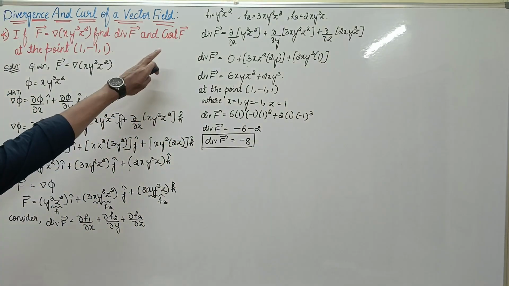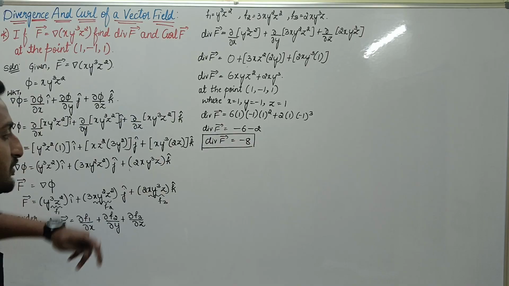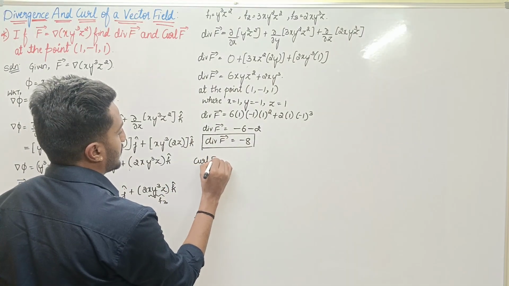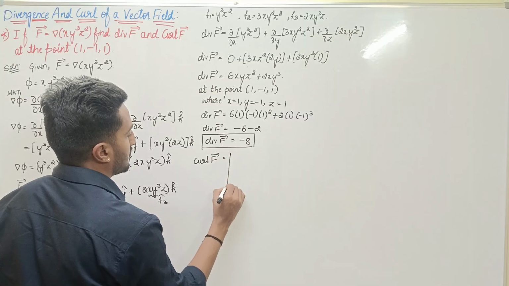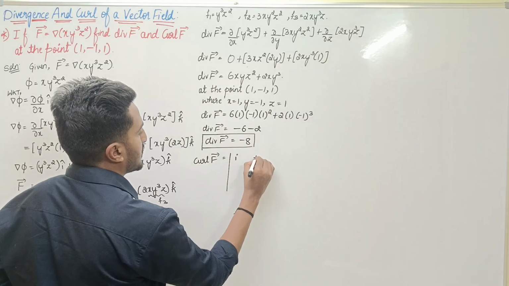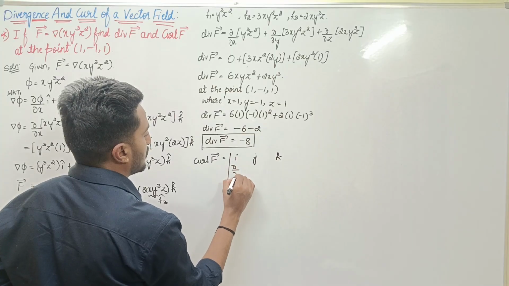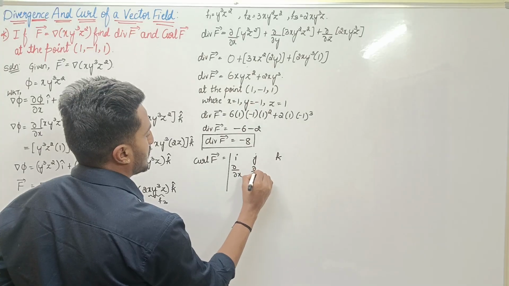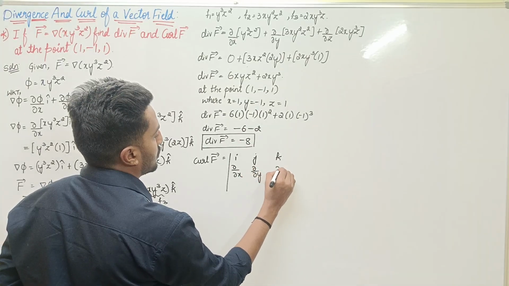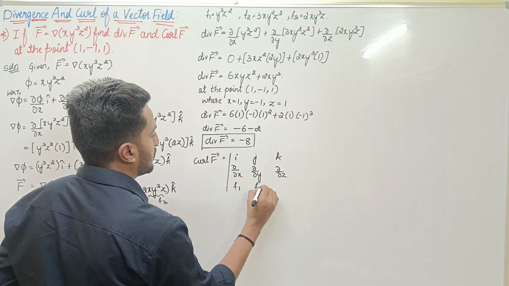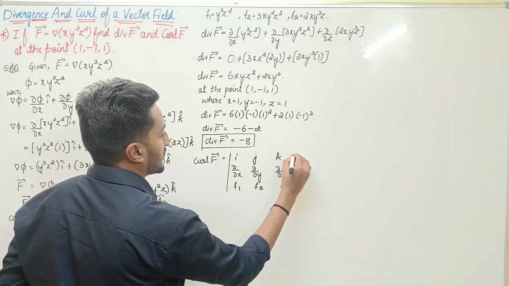Now we are going to find the value of curl of vector f. What is curl f? Curl of vector f is represented by the determinant of i, j, k, ∂/∂x, ∂/∂y, ∂/∂z, f1, f2, f3.